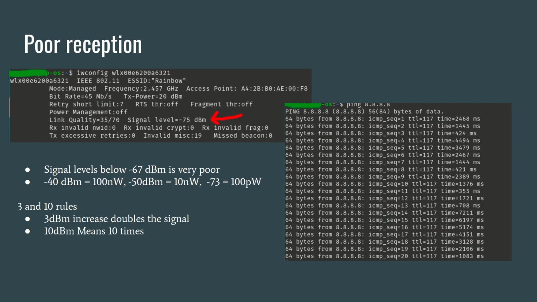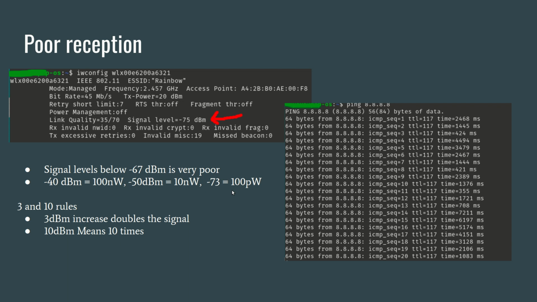And here is an analysis of a poor reception. As we can see on the screen, I am getting minus 75 dBm. We need to understand that anything beyond minus 67 dBm is considered very poor. And 73 dBm is around 100 picowatts.